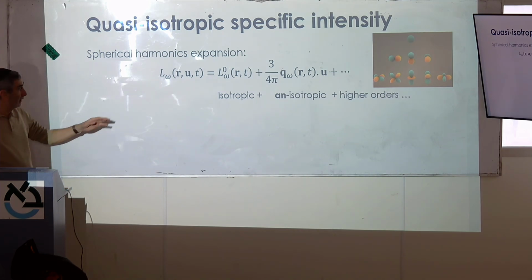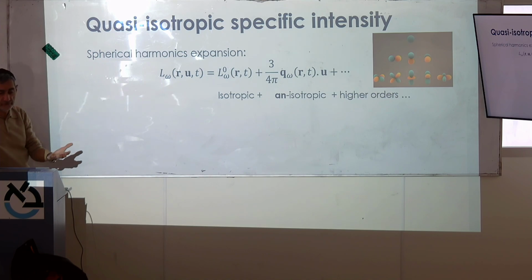So typically L of omega is a function on the sphere, and it can be expanded over spherical harmonics. The spherical harmonics are the natural, complete orthogonal basis on the sphere.